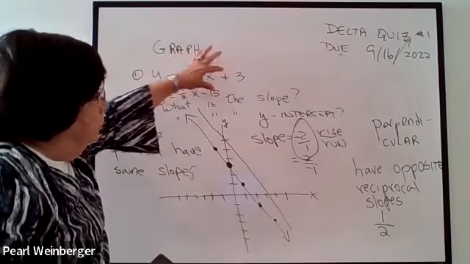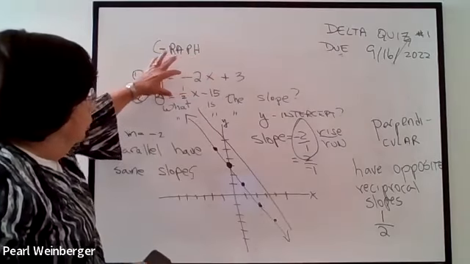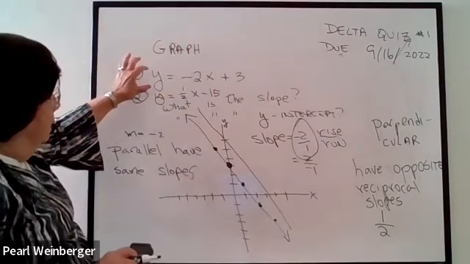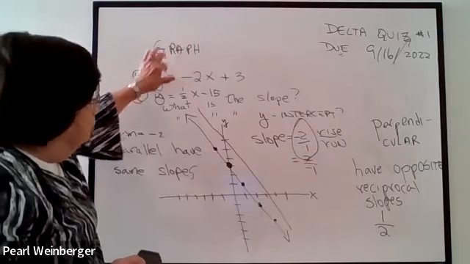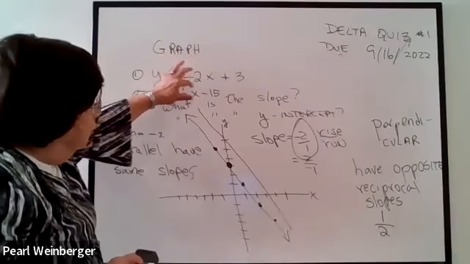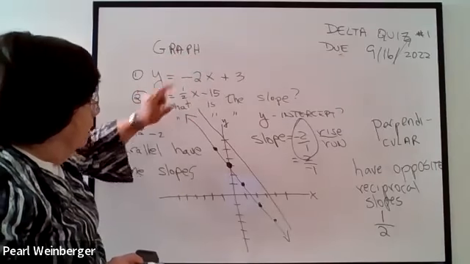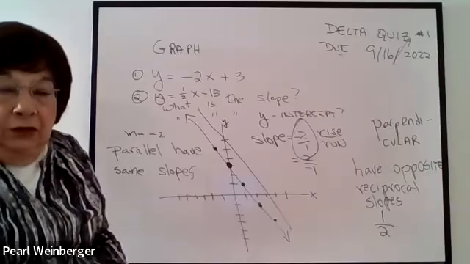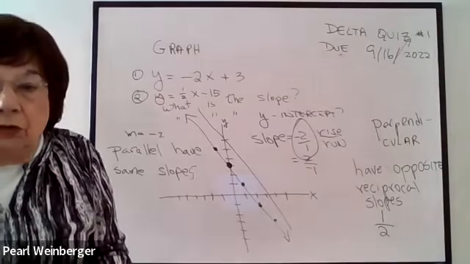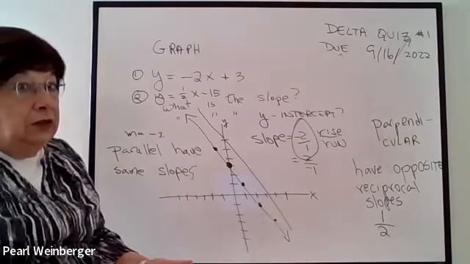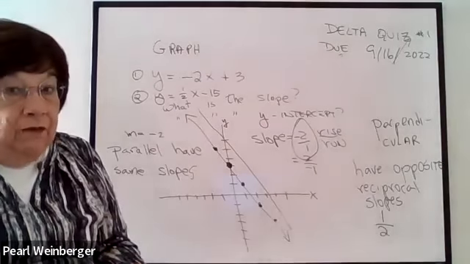It doesn't matter what the b's are. You just look at the m's, the numbers in front of the x. Again, you have to have y equals, and then you look at the coefficient of the x. If those two are opposite reciprocals, then the lines are going to be perpendicular. So notice the slope business gives us a lot of information.